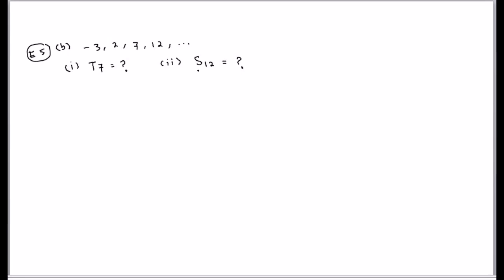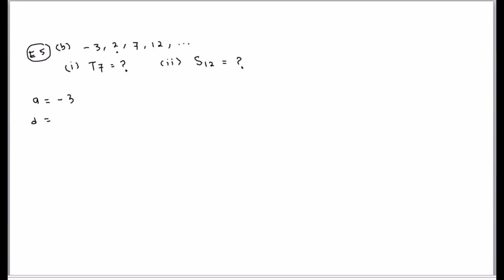Okay, as usual, to solve a question related to arithmetic sequence, we must know the value of the first term A and the common difference D. So from the sequence, we can see that the first term A is equal to negative 3. And then we can proceed to find D, the common difference.